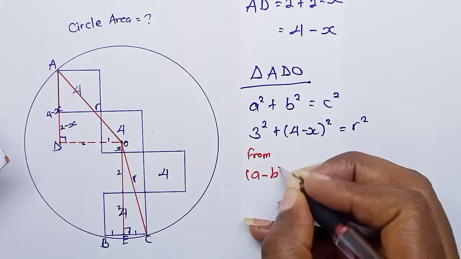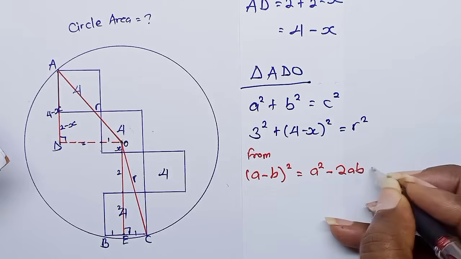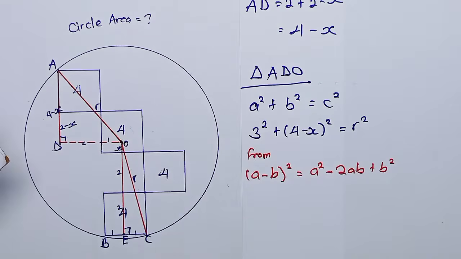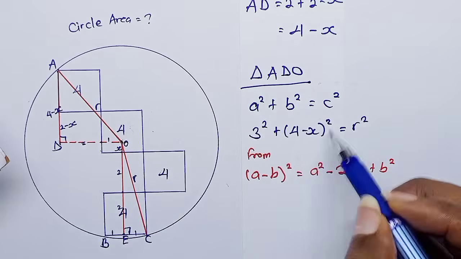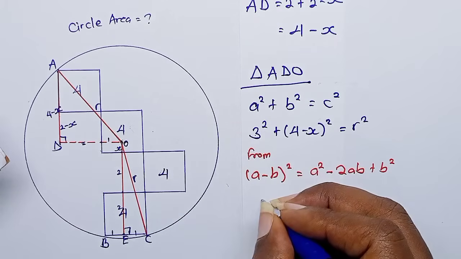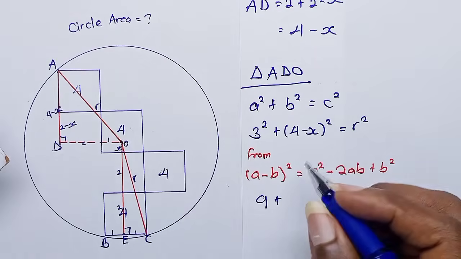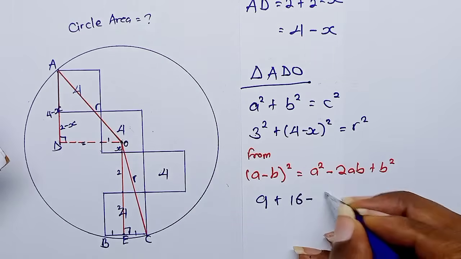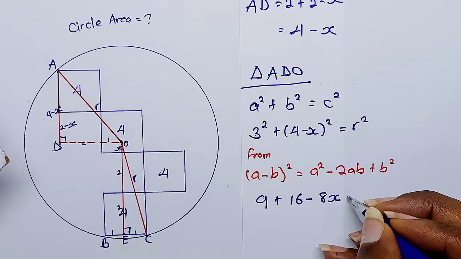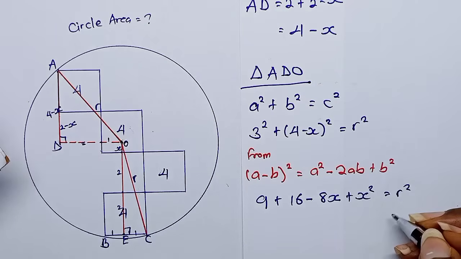Again, (a minus b) squared is equal to a squared minus 2ab plus b squared. This means that when you expand this, 3 squared is 9. So 9 plus, when you expand this, we shall have 16 minus 8x plus x squared being equal to r squared.